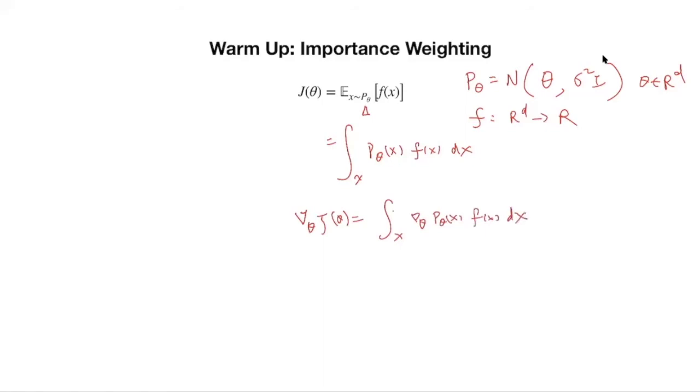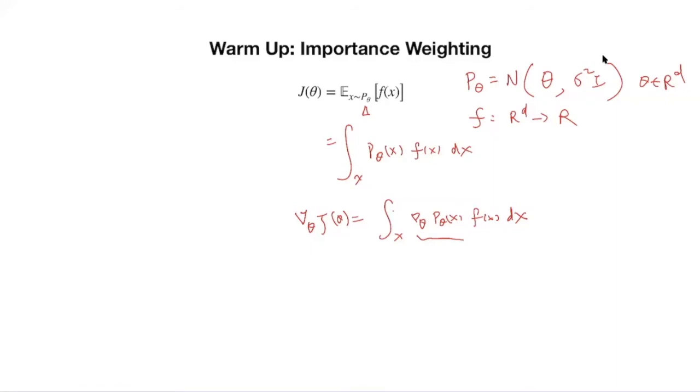We can compute the inner one, but then we have to take an integral over all x, so that might not be doable, even if your p theta is a Gaussian distribution, for instance. Because we know how to do the integral for a Gaussian distribution, but once you take a gradient with respect to the distribution's parameter, who knows what that form is? We might not be able to evaluate the integral at all.